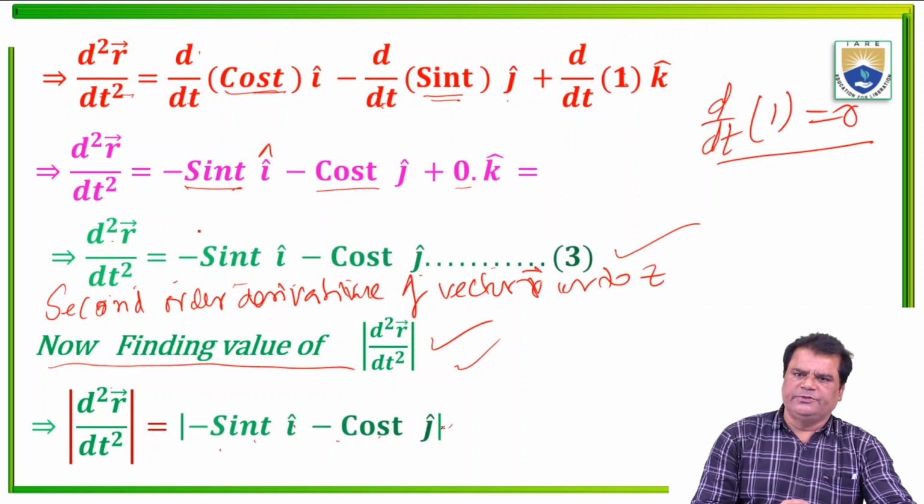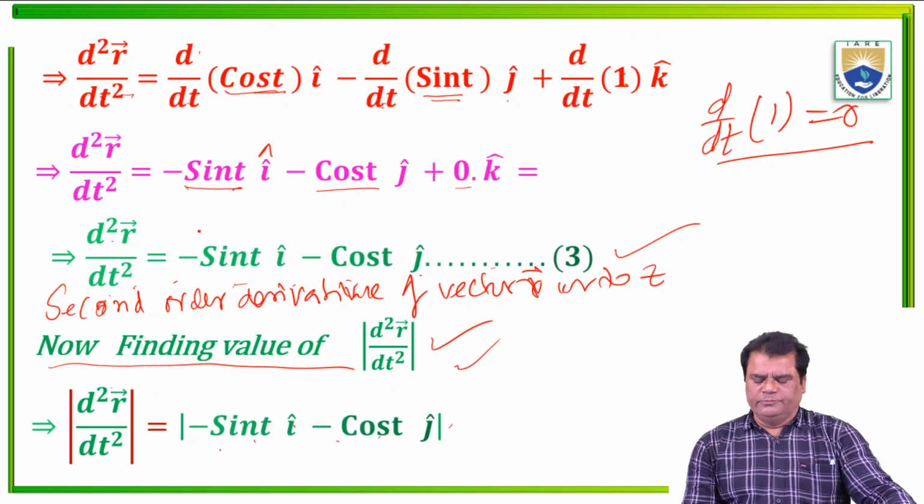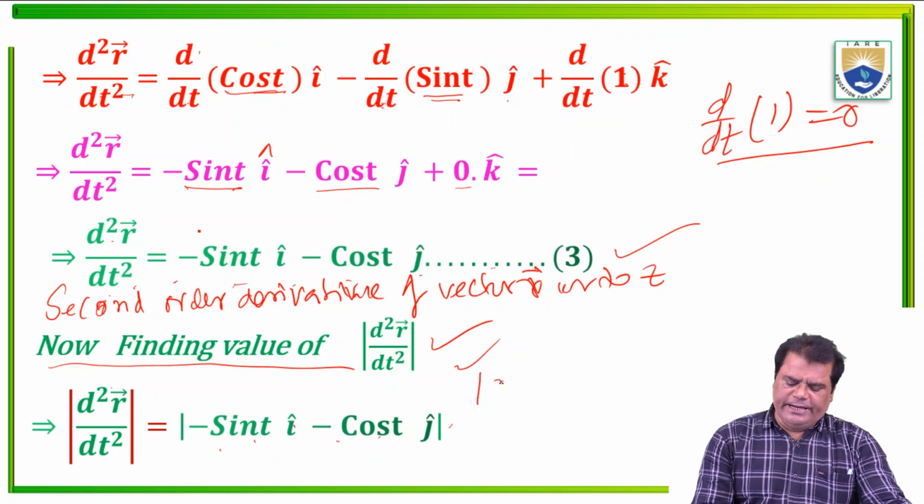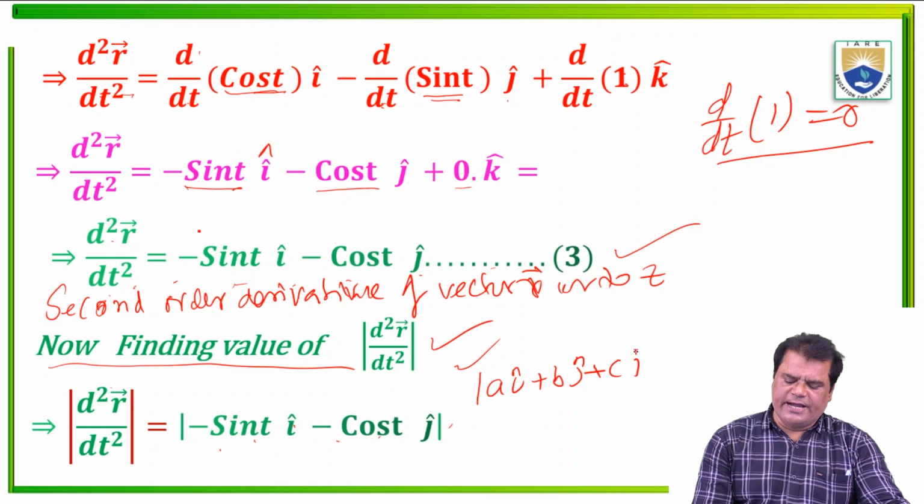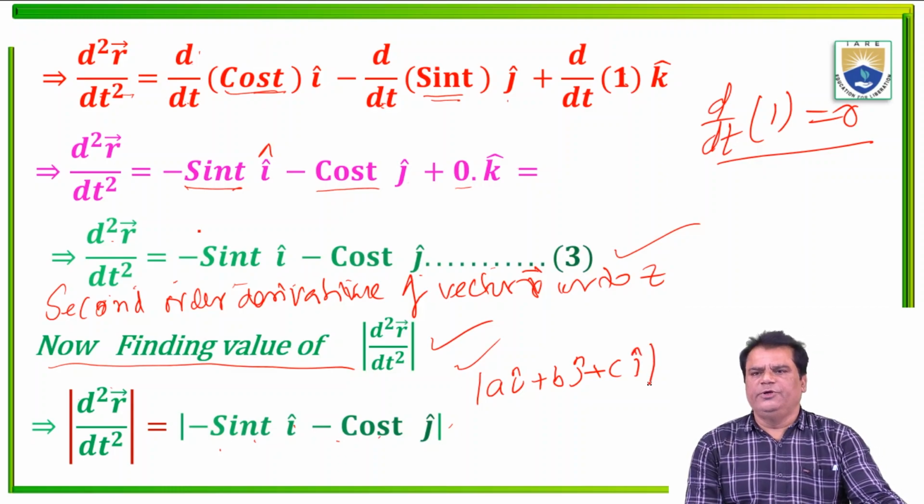So what is mod? Suppose here a i cap plus b j cap plus c k cap, we want to find the mod of this vector. This is any vector r.